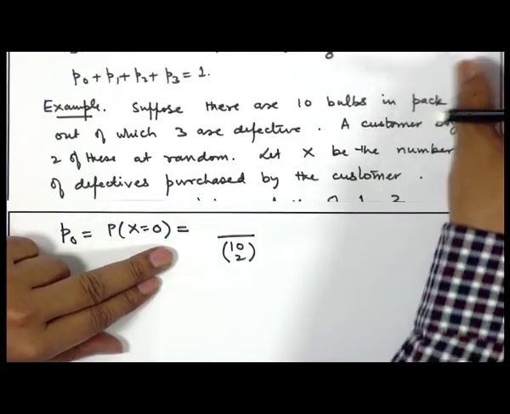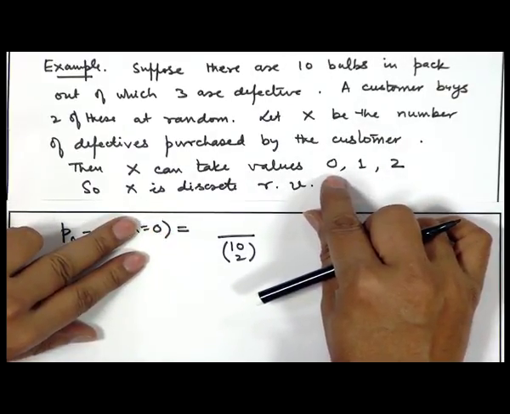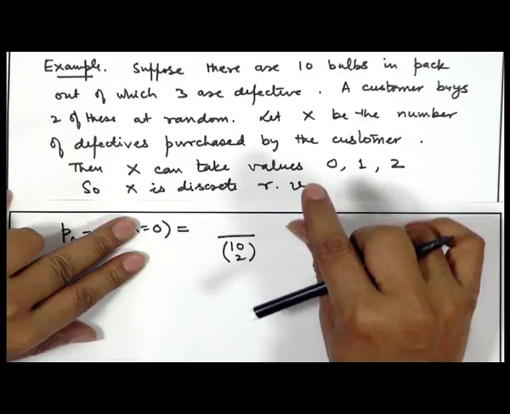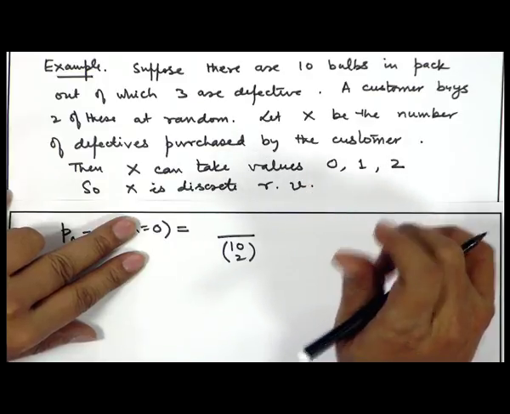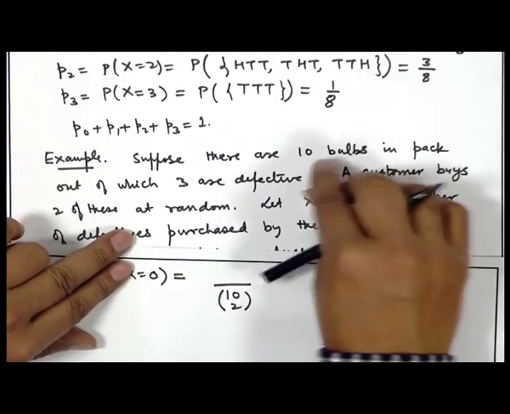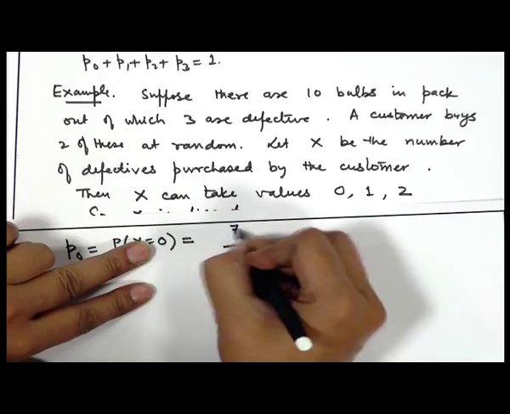Now, if I say that none of them is defective, that means the customer chose 2 and he got both good ones. Out of these 10 bulbs, 7 are good, that means his selection is from those 7.